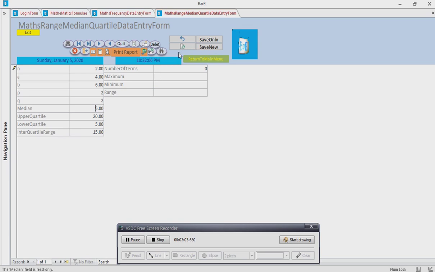Then the maximum number is 2. Number of terms is 1.